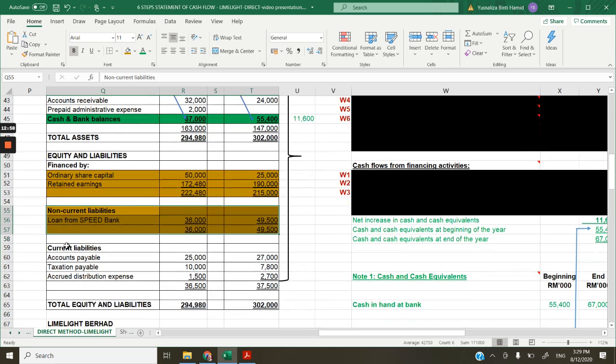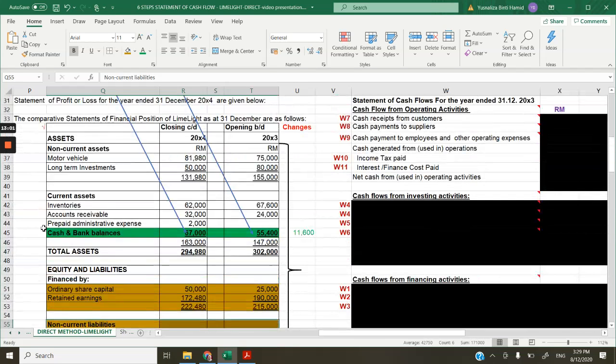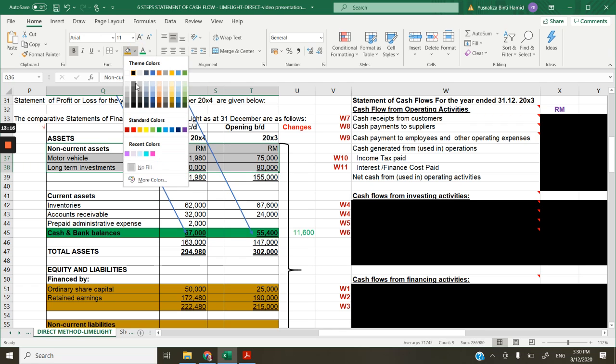Now we look at what is under our investing activities. To recap, investing activities has something to do with the acquisition and disposal of long-term assets like non-current assets and investments. So this section of cash flow, we need to investigate, and I'm using blue for that.